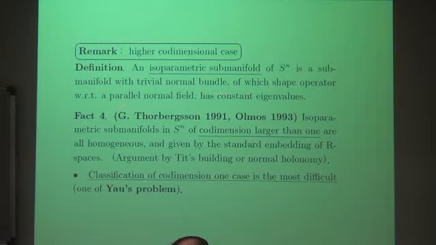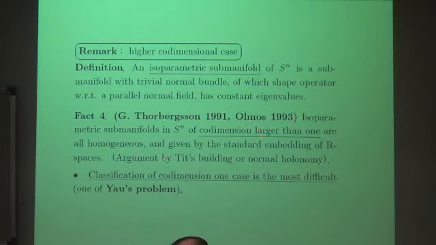And this submanifold case has been classified by Thorbergsson, and independently by Olmos, when the codimension is larger than 1. So the hypersurface case is the most difficult. The codimension larger than 1 cases are all homogeneous. This is shown by Thorbergsson by using the Tits building, and by Olmos by using the theory of normal holonomy.